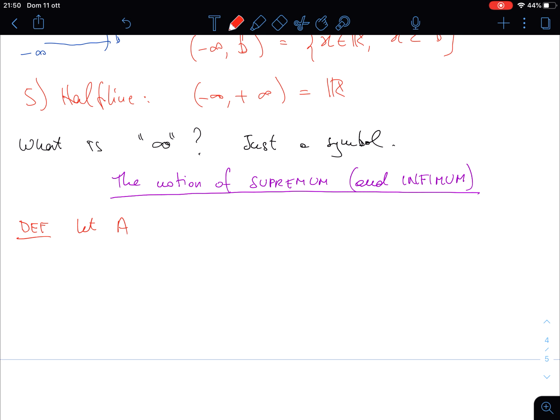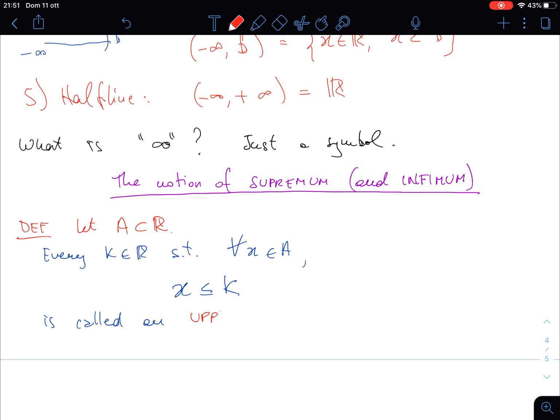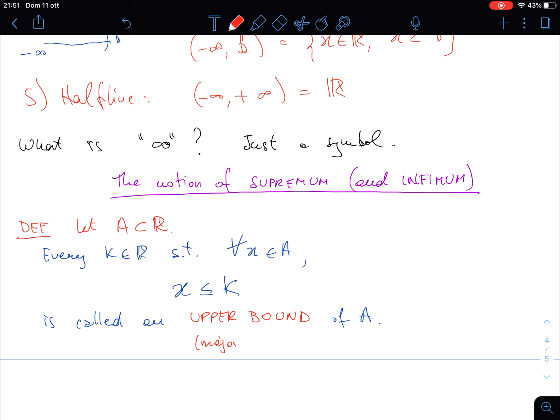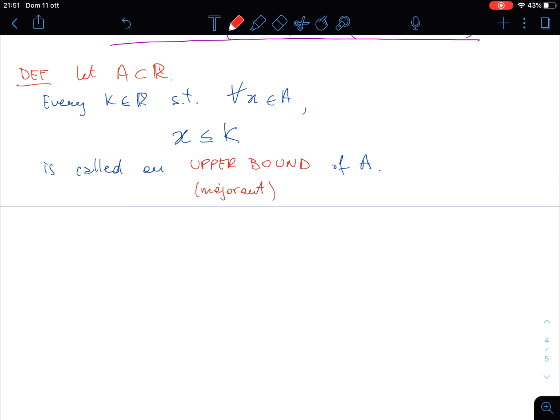Let A be a subset of R. Then every number k, element of R, such that all elements of A are less than or equal to k, so every number k that is rightwards in the line with respect to the whole set A, is called an upper bound of A. In some texts you can also find the word majorant, but in general upper bound is more common.